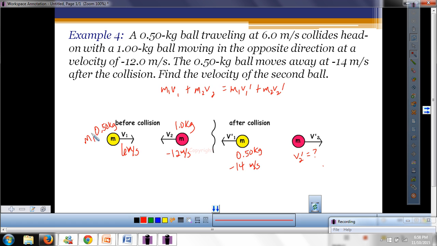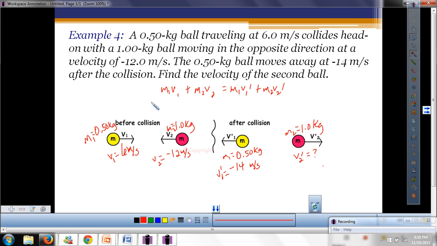So here was my M1, here's my V1, M2, V2. M1 didn't change, V1 prime is now -14, M2 didn't change, still 1 kilogram. But what in the world is V2 prime?